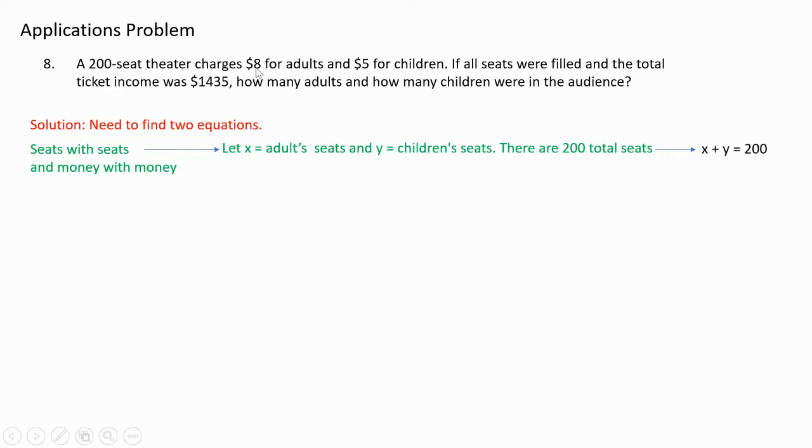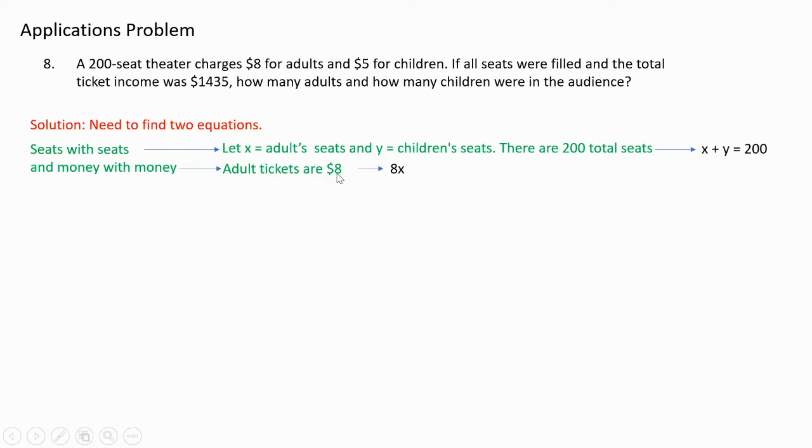Now for my second equation, if we notice, $8 is for adult tickets, and x represents adult tickets, so that's going to be 8x.